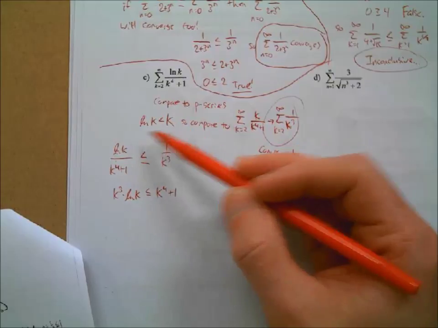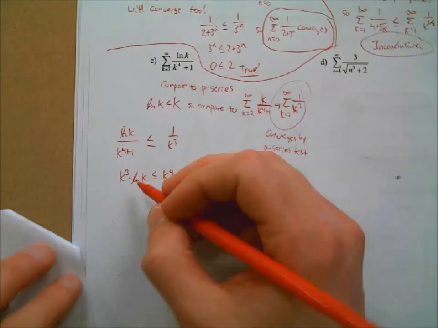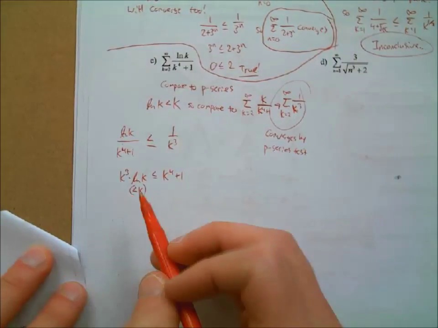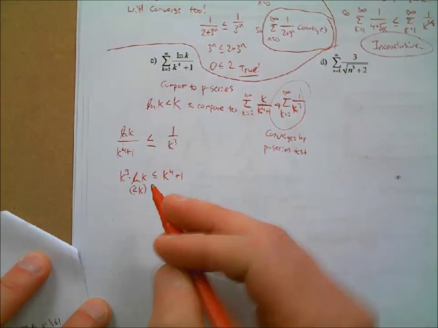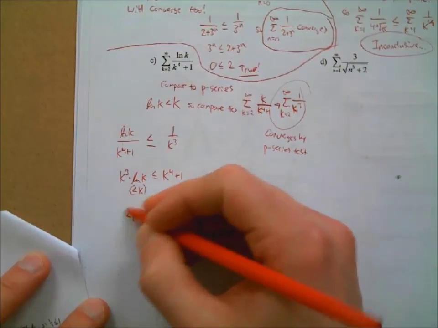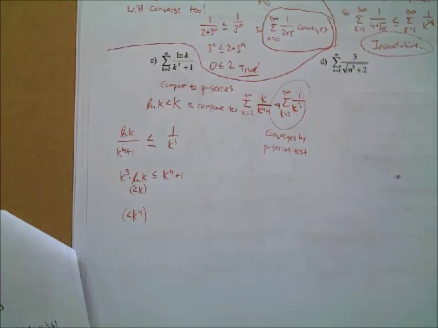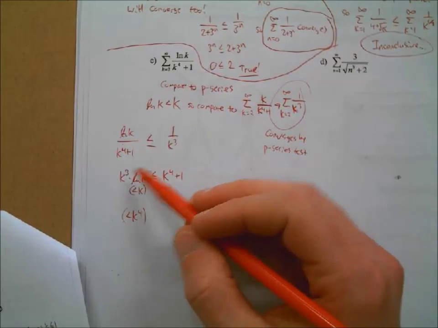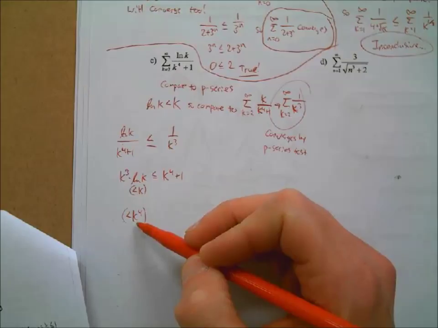And so we're taking something like natural log of k, which is less than k, and we're going to multiply it by k cubed. The result is going to be something that's less than k to the 4th. I know I'm writing a little bit of funky math there, putting two less than symbols in there. But the idea is we're taking something smaller than k, multiplying it by k cubed, and so we'll end up with something that's smaller than k to the 4th.